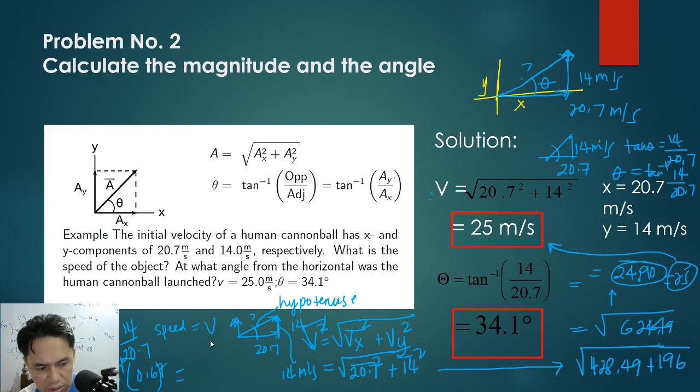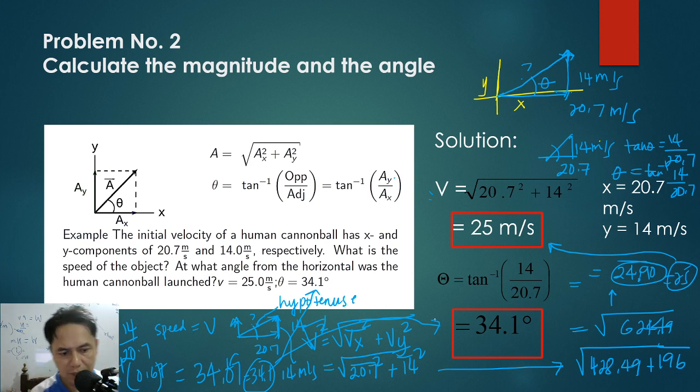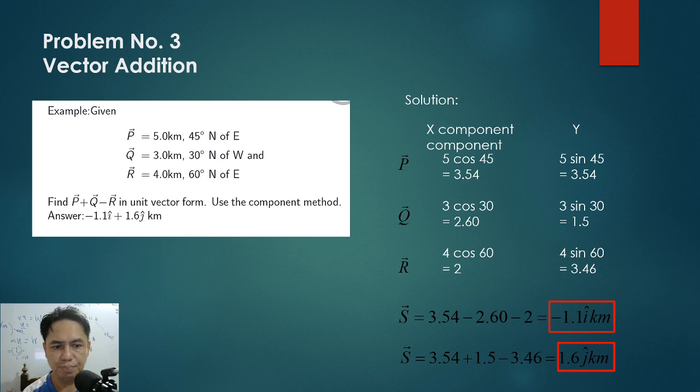Let me jot it down: 34.07 or 34.1, no? So 34.1, right? So the answer is 34.1. Okay? So that is problem number 2.